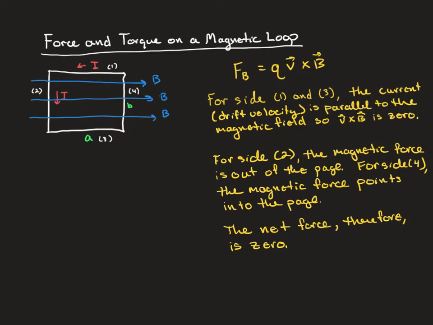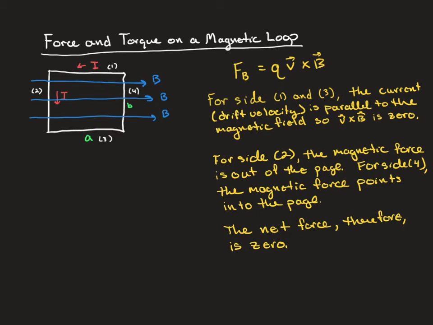For side 2, since the current is going down and the magnetic field is going to the right, I'm going to point my fingers down, and then rotate my hand so that I can grab the magnetic field going in the positive X direction. My thumb points out of the board. On the other side, side B, our current is going up and the magnetic field is still going to the right.